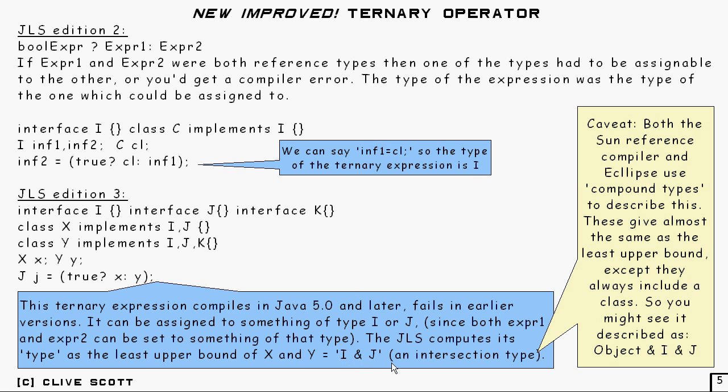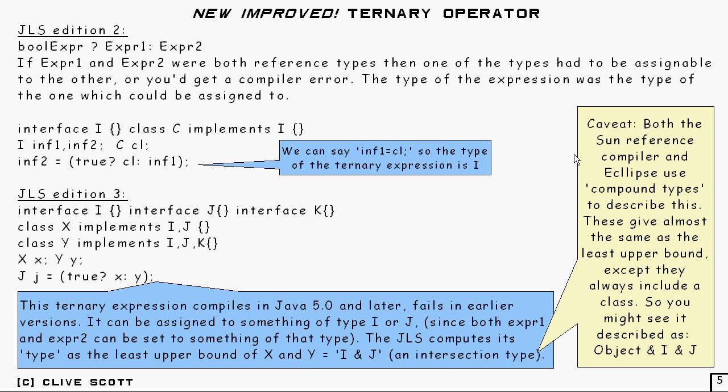It's called an intersection type. Intersection types in general are just collections of classes or interfaces with and in between them. That's what an intersection type is.